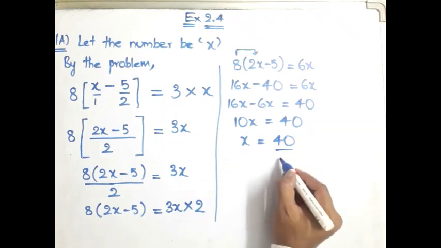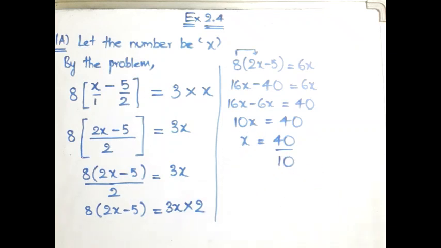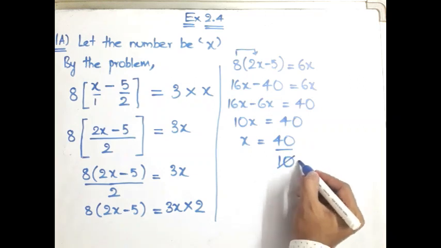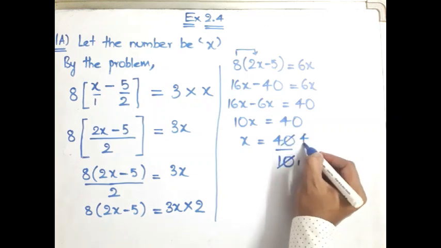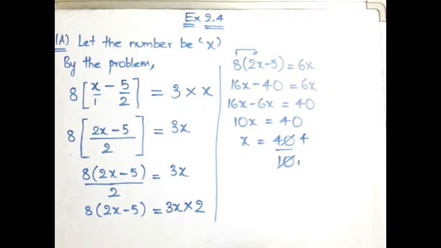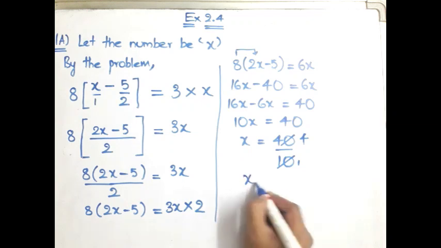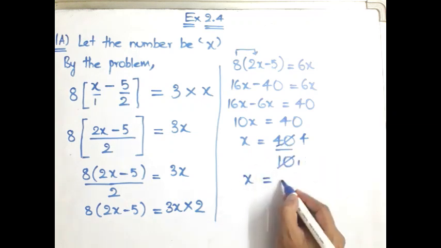If we transpose to the other side, it will become division. So 10 ones are 10, 10 fours are 40. Okay, x is equal to 4.